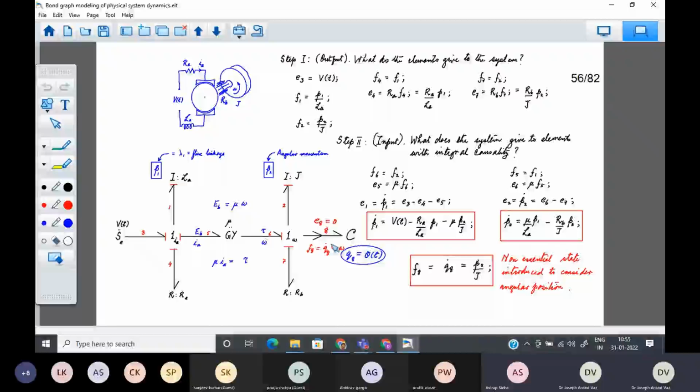So it's not going to apply an effort back on this system. So effort 8 is actually 0. Effort is considered as 0. So actually it is just a signal bond. A signal bond does not carry power. For the transmission of power you require two signal bonds, both directed in opposite directions.